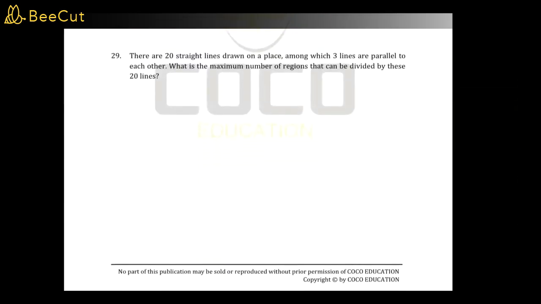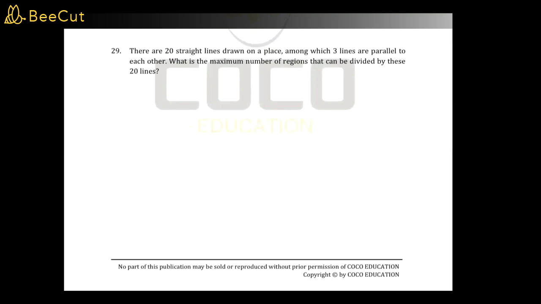Now let's move on to question 29. So there are 20 straight lines and 3 lines are parallel to each other, where the others, they are not parallel to each other. So we want to find the maximum number of regions this can be divided by the 20 lines here.